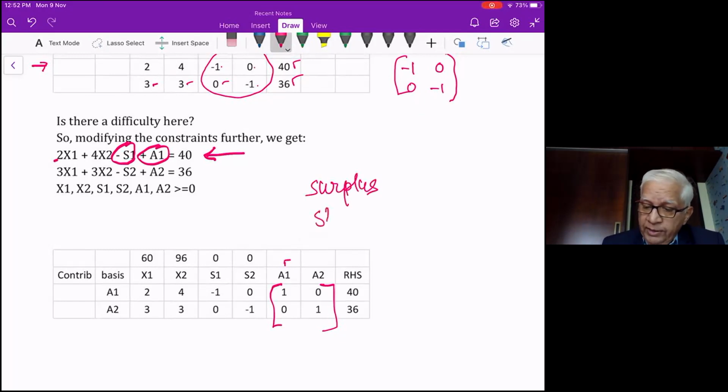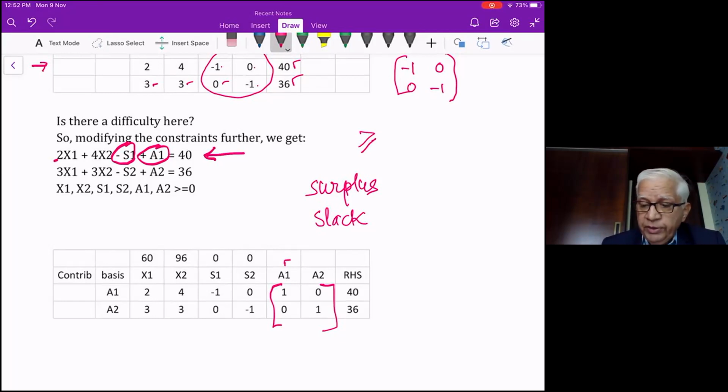Previously, it used to be called a slack variable. When it was added on the left hand side, it was called a slack variable. Surplus variable is always subtracted from the left hand side. So 2x1 plus 4x2 minus s1, fine, and plus a1 because we want an identity matrix. Okay, so plus a1 is equal to 40. So in other words, when the constraint is of the type greater than or equal to, pay attention here on the iPad screen.